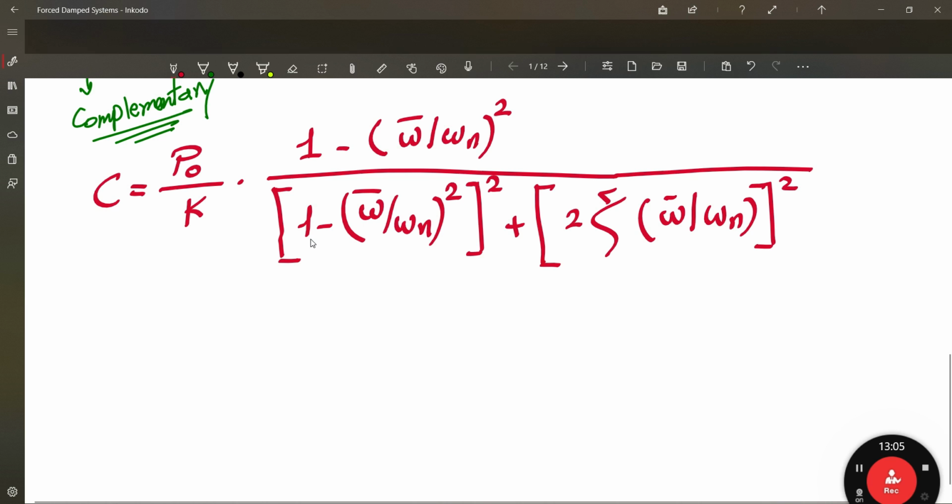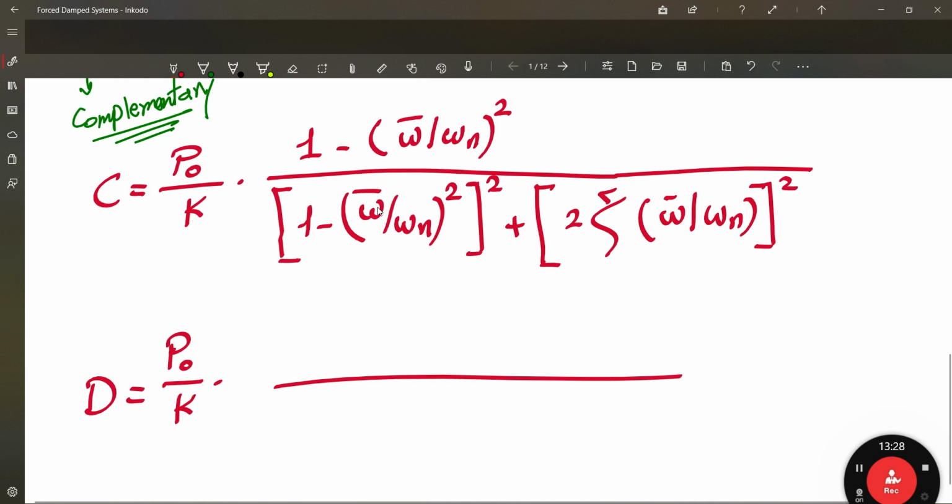We have a very long denominator here, so this is C. Let's write, okay, this is C, and we are going to find D. D is going to be P node over K times, in a very similar fashion to the first one.